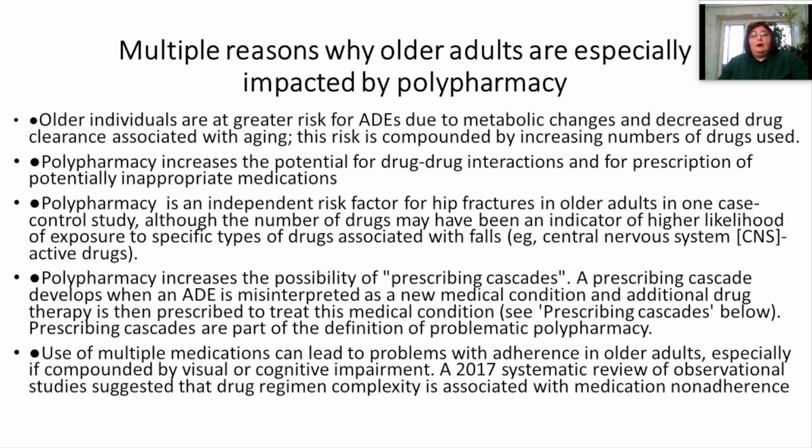There are multiple reasons why older adults are especially impacted by polypharmacy. Polypharmacy is a big problem in elderly groups of patients, and it can be a reason for negative interactions, and in some cases even lethal cases and encephalopathy, because you should remember that polypharmacy can result in negative drug interaction, drug-disease interaction, drug-food-disease interaction.